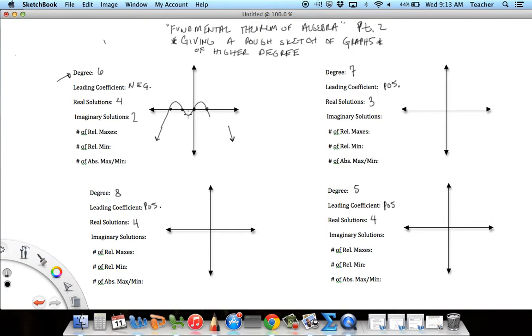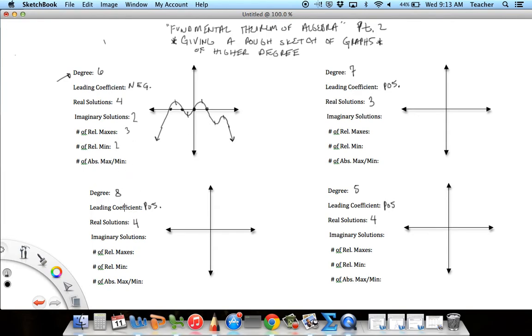You'll notice that I have 1, 2, 3, so I need 2 more critical points, which hopefully by now you're catching on, all you need to do is put another line there. Now again, you might have a little different drawing than mine, but that's fine. Relative maxes: 1, 2, 3, so there are 3 relative maximums. There are 1, 2 relative minimums.